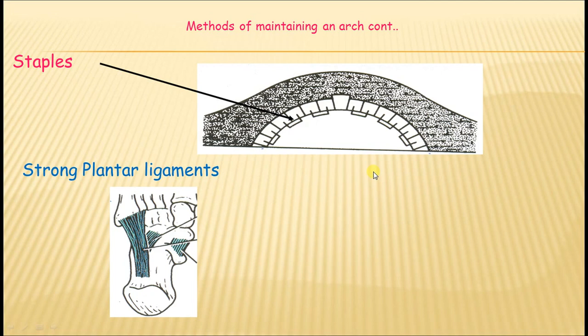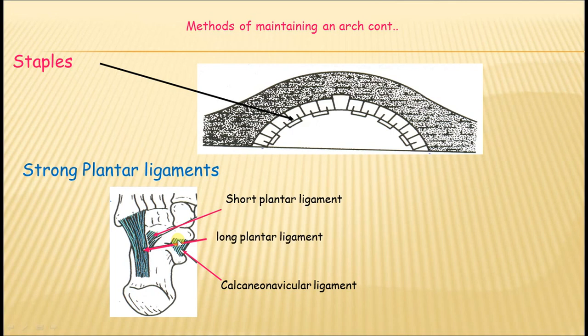For the intersegmental ties, you mainly have the short plantar ligaments and the long plantar ligaments, and also one more very main ligament, the spring ligament. Okay, spring ligament and short and long plantar ligaments. So that is your spring ligament or calcaneonavicular ligament, apart from the short and long plantar ligaments.